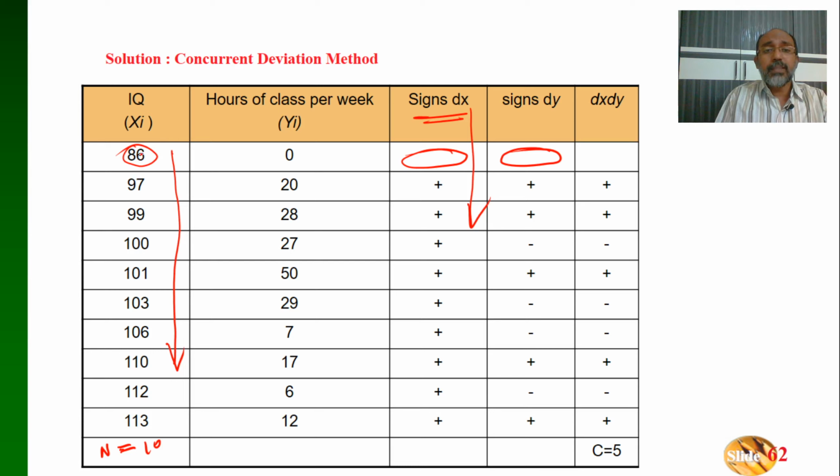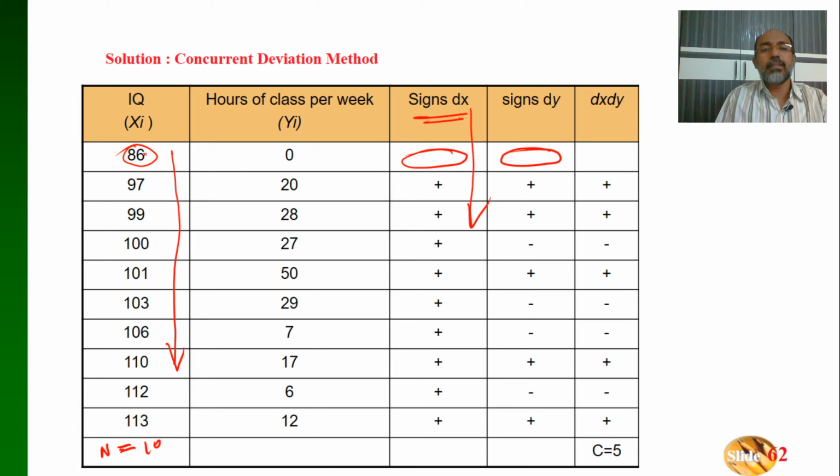Then based on this one we'll calculate the second. Comparing to 86, is 97 bigger or lesser, is there an increase or not? Yes, there is an increase. Whatever the quantity, even one increase is enough for us.